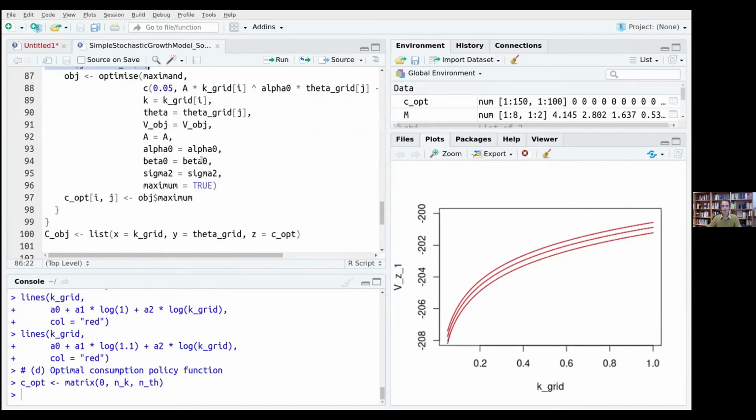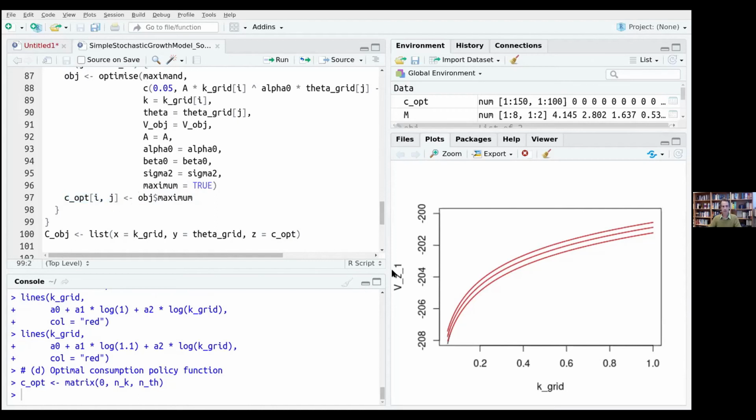We solve exactly the same optimization problem for each pair of capital stock and technology. But now we extract not the value which we attain at the optimum, but the point where we attain the optimal value. That's the point of the control variable which maximizes the maximum. So this is the optimal consumption in short. And we store that for this particular pair of capital stock and technology level.